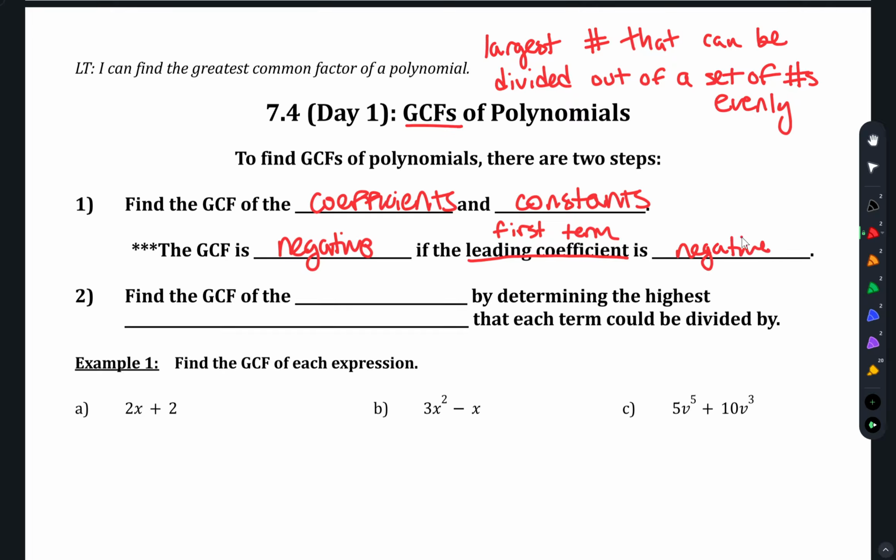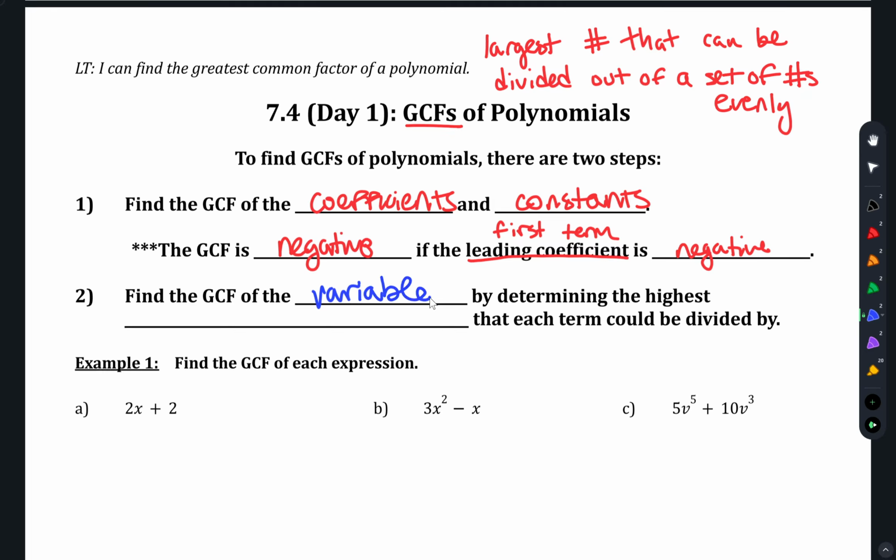So the sign of your GCF, positive or negative, should match whatever the sign of your leading coefficient, aka the first number, is. If it's positive, your GCF is positive. If it's negative, your GCF is negative. Is that clear? Once we take the GCF of the coefficients and constants, then we'll find the GCF of any of the variables.